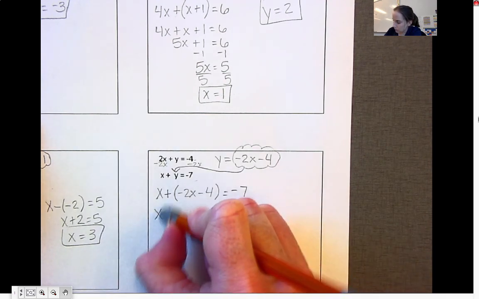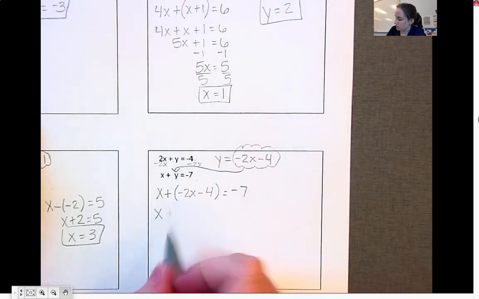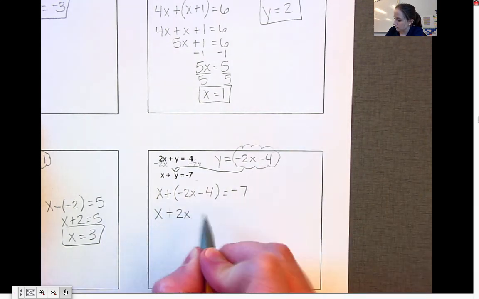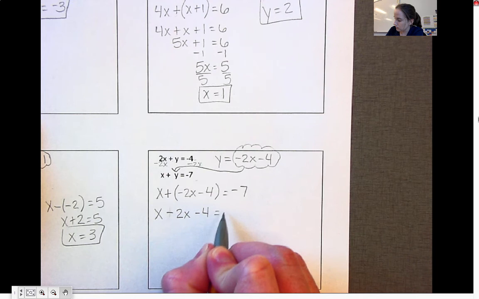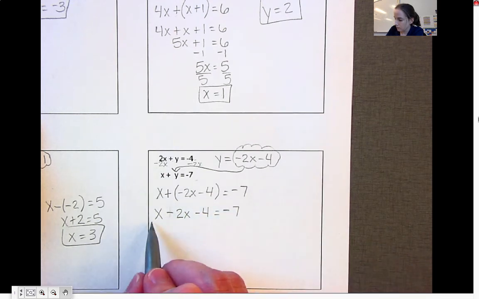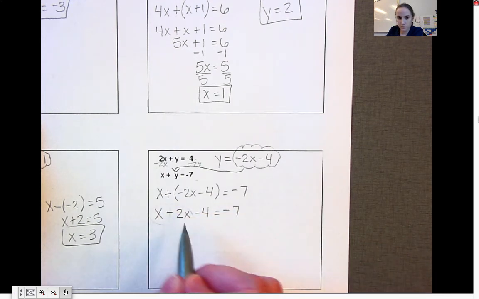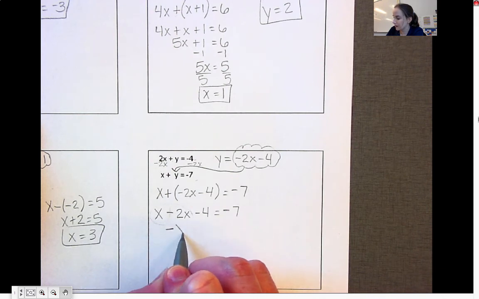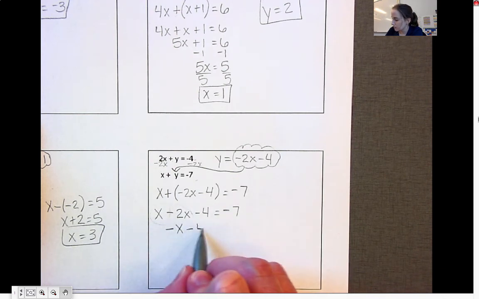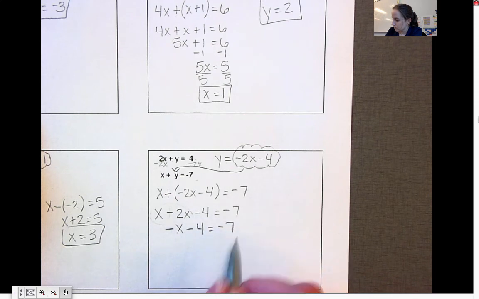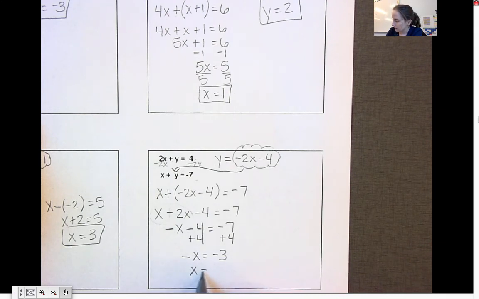And since I'm saying plus a negative, I'm just going to say minus 2x minus 4 equals negative 7. This would generate a negative 1x by combining like terms, so I'm just going to write negative x. Add the 4 to both sides. We have negative x equals negative 3. But we don't want to solve for negative x, we want to solve for x. So divide everything by a negative 1, and x equals 3.